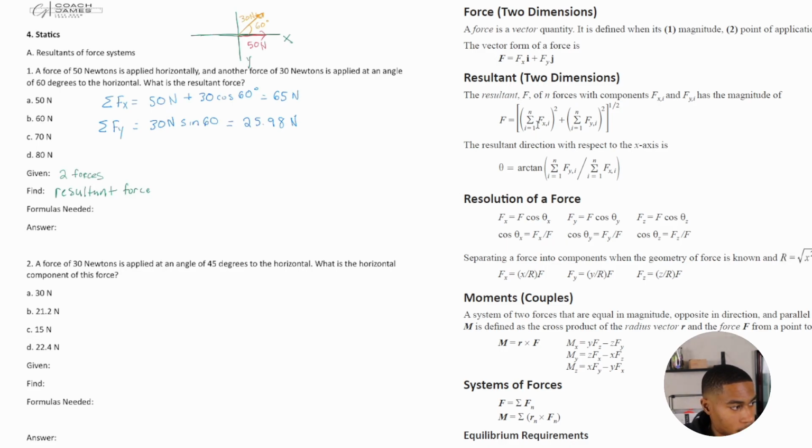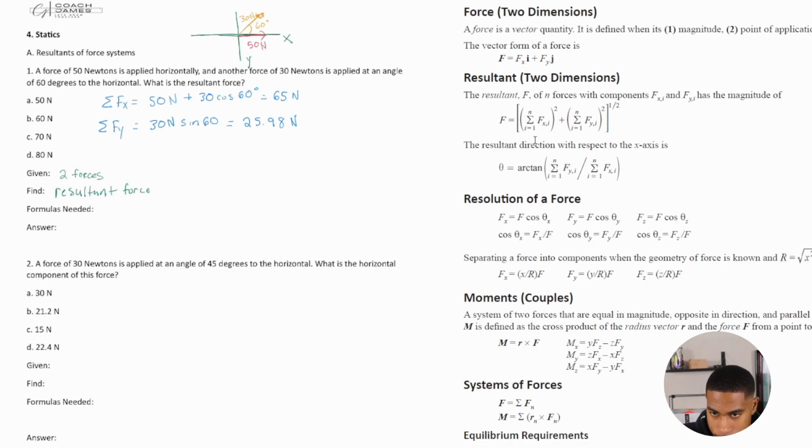This piece, just got to break it up in pieces. Sum of the forces in the y, all right, which is our 25.98 newtons. And we also need to now put everything in our equation to get our resultant force.